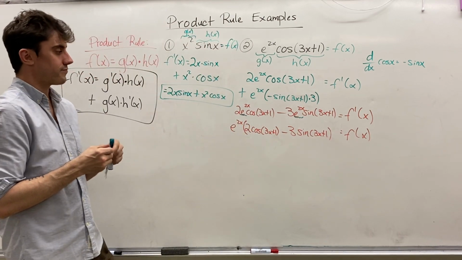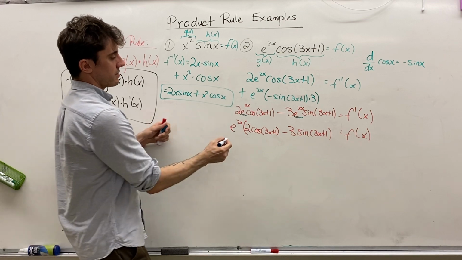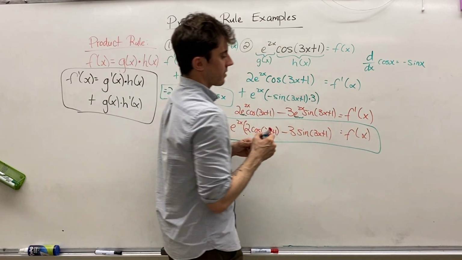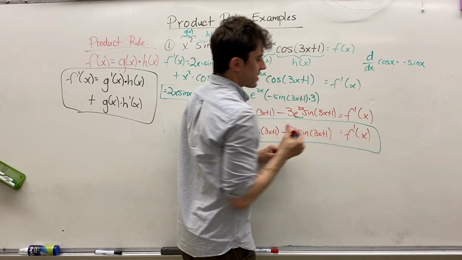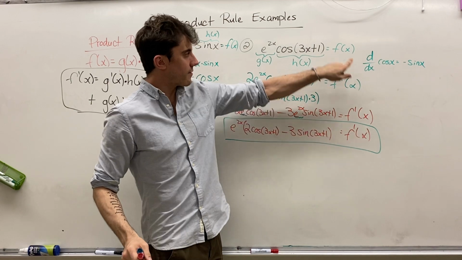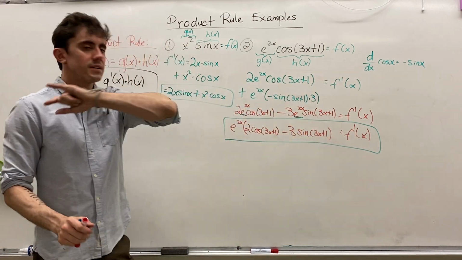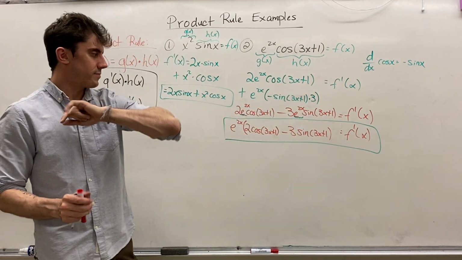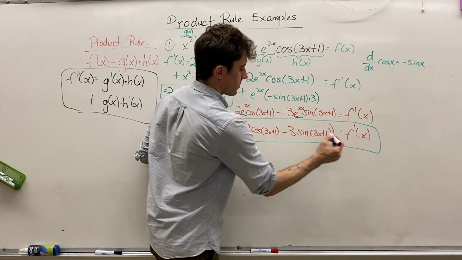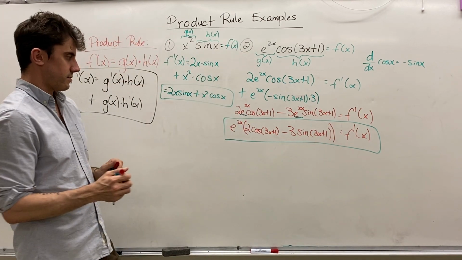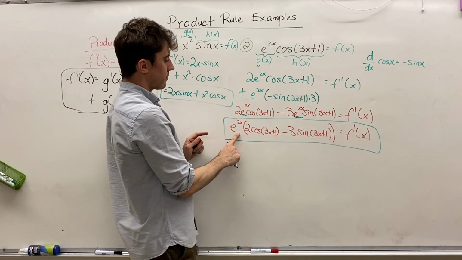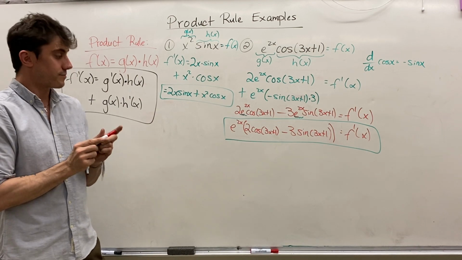And there we have it, okay? e to the 2x times this mad bracket. I forgot a little prime symbol here. And so there we have it. f prime of x, the derivative of f of x, is equal to this madness, okay? Oh, and I forgot another bracket. Goodness. There we go. 3x plus 1, and all of that is in brackets because we factored out an e to the 2x. And there we have it, okay?